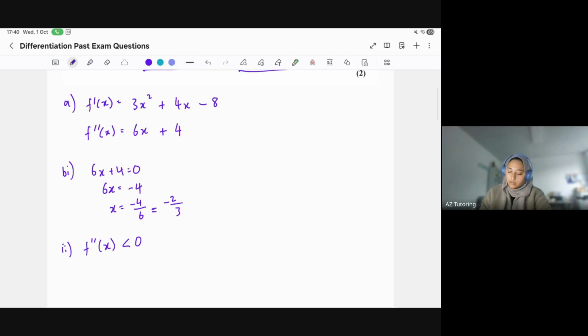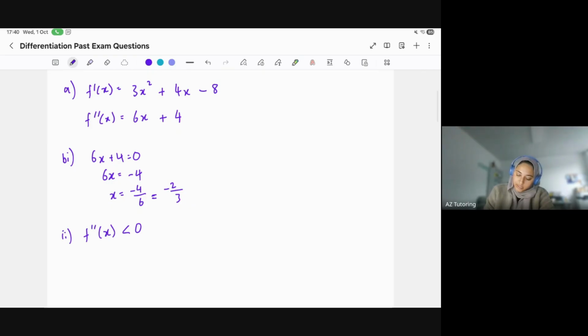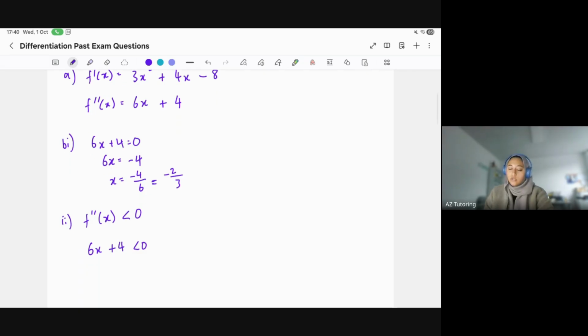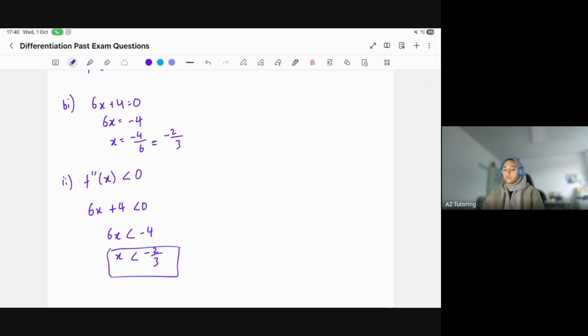So f double prime of x is 6x plus 4. That's less than 0. So this is just what we're solving, which we've kind of solved up here when it's in terms of equal to 0, but I'll do it again anyway. So 6x is less than minus 4. So x is less than minus 4 over 6, which is just minus 2 over 3. And there you go. That's your answer.